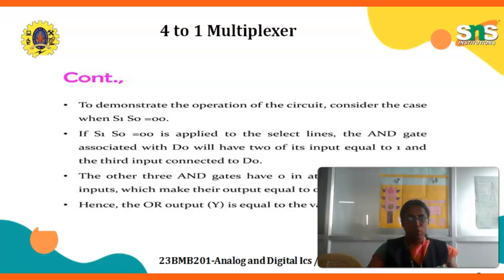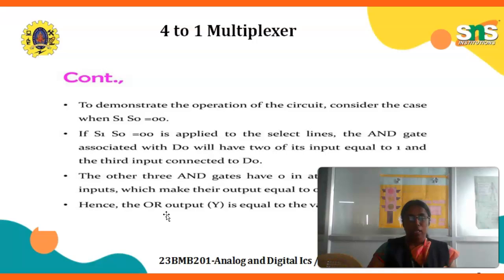To demonstrate the operation of the circuit, consider the case when S1, S0 is 0, 0. If 0, 0 is applied to the select lines, the AND gate associated with D0 will have two of its inputs equal to 1 and the third input connected to D0. The other three AND gates each have at least one input which makes its output equal to 0.